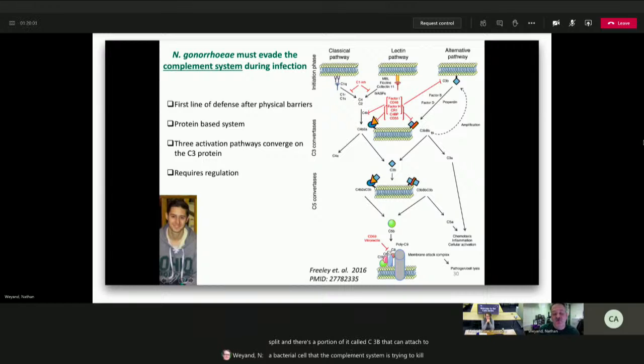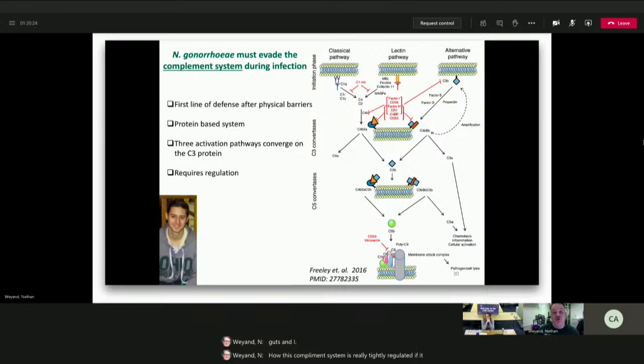And C3b goes further; it activates the system a little more, allowing binding of another series of proteins to the target membrane that result in what's called a membrane attack complex. This forms a pore in the bacterial membrane that causes it to spill its guts and die. Now, this complement system is really tightly regulated.